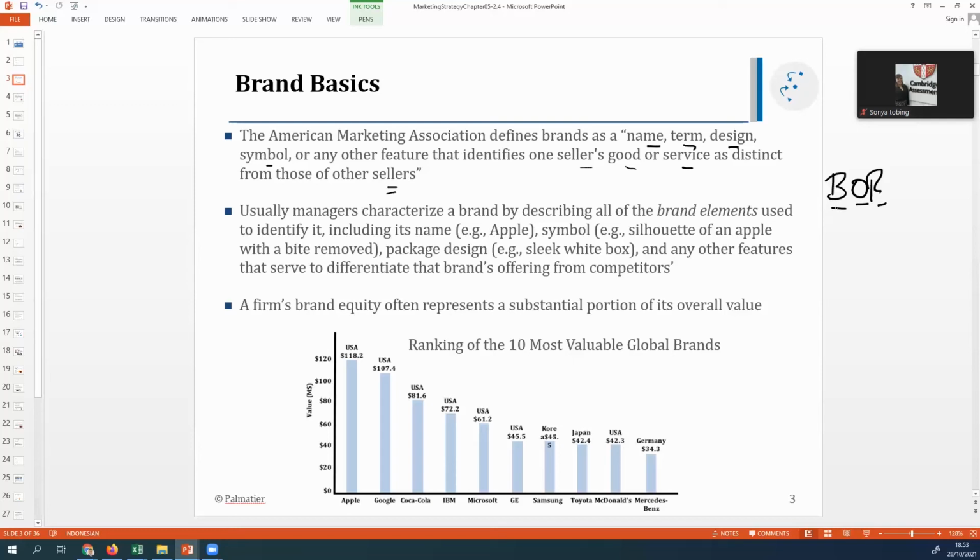So when we have the offering, the product, and the product offer is given a brand, then the customer will be willing to buy the product. So the difference between the offering and the brand determines your brand equity.